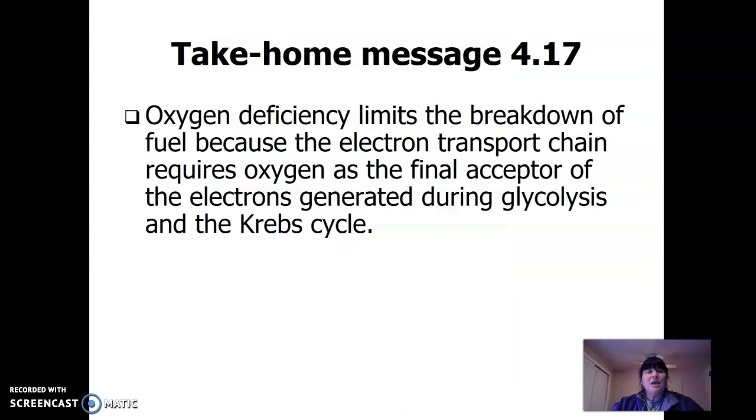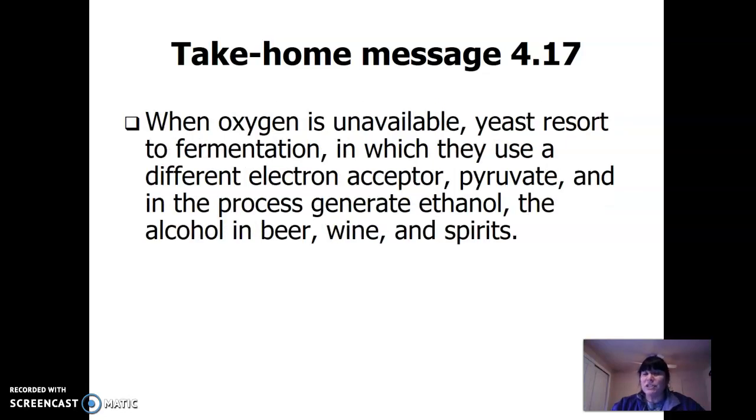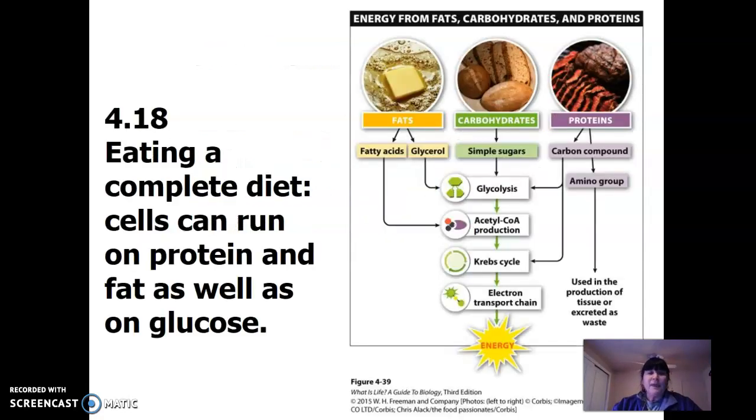All right. Oxygen deficiency limits the breakdown of fuel because the electron transport chain requires oxygen. When oxygen is unavailable, yeast resort to fermentation, in which they use a different electron acceptor, pyruvate, and the process generates ethanol, and that's the alcohol in beer, wine, spirits.